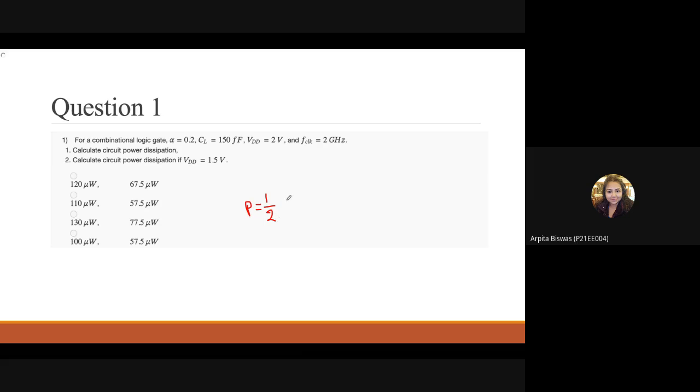P equal to half of alpha into CL VDD square into F, FCLK. Now calculate the power dissipation. Tell me when the VDD is equal to 2, in that case, what is the value of P?